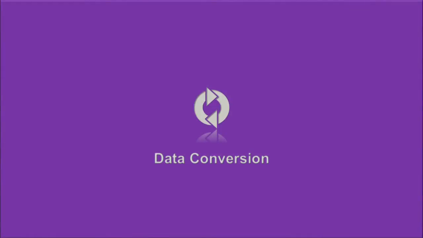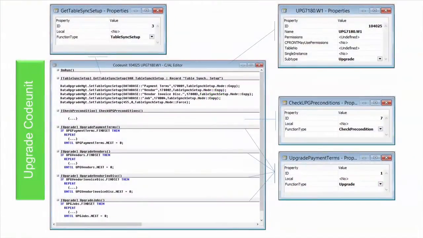The second thing that we got with NAV 2015 is a new object type called upgrade codeunits. The idea of upgrade codeunits is to make life easier when doing upgrades. Traditionally, an upgrade had a step 1 and a step 2.